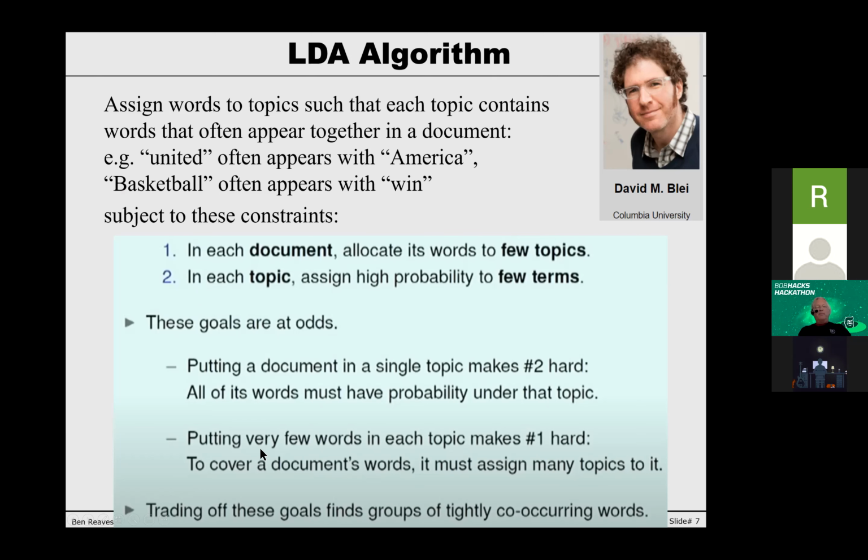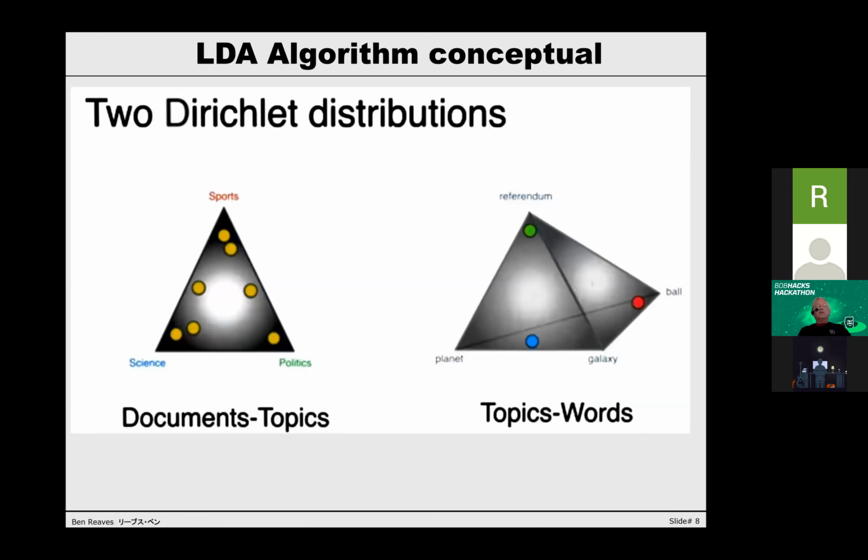What winds up happening there is, here's a graphical representation of what's going on. Each yellow dot on the left is a topic. This is an application where you have only 3 topics, and the topics are sports, science, and politics. And they're classifying a bunch of newspaper articles. Each newspaper article is in yellow.